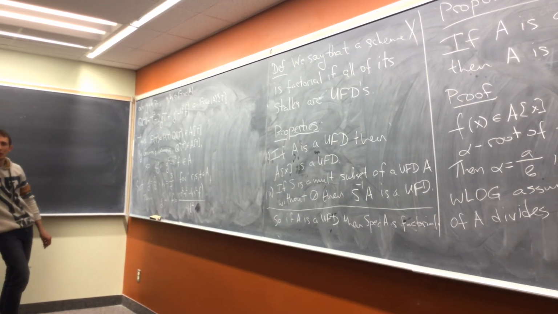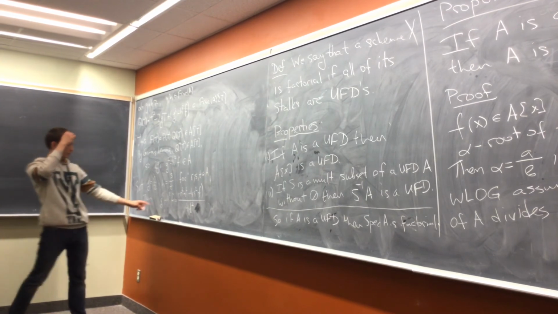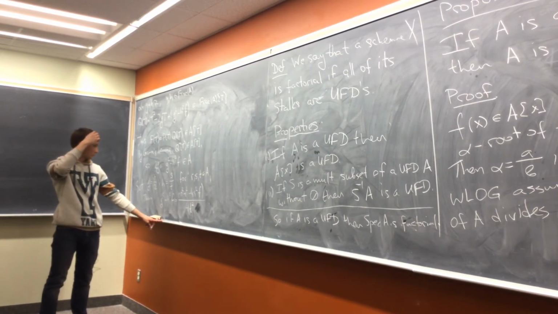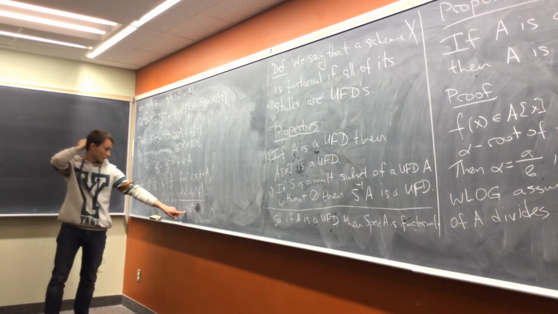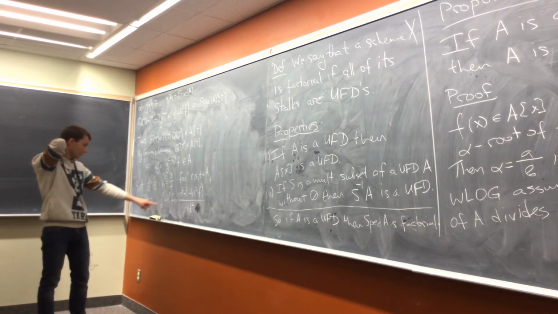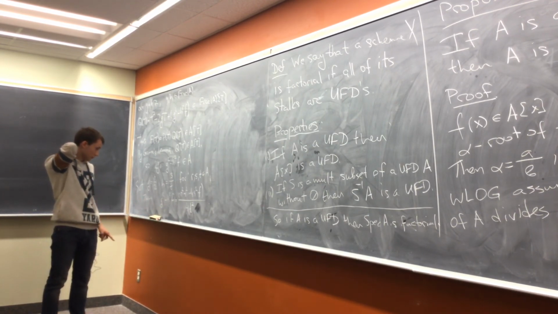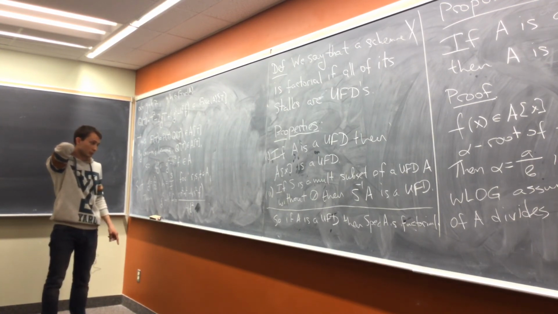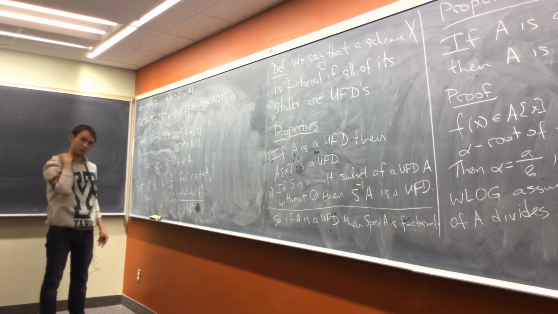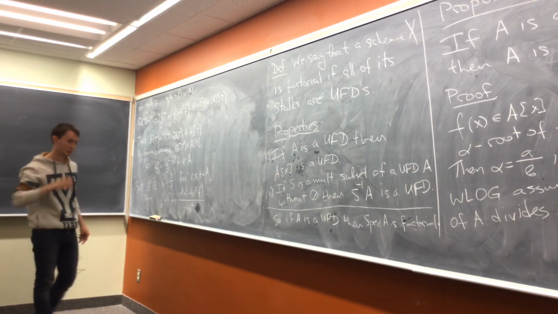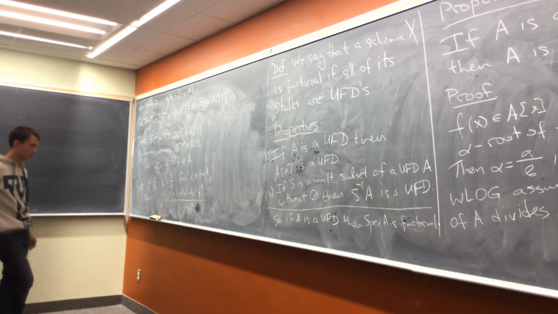I think it's because 4t squared divides the numerator in A, right? Because that resulted in A. So your denominator divides your numerator in A. And so you conclude that, since 2 is a unit, t squared divides the numerator.